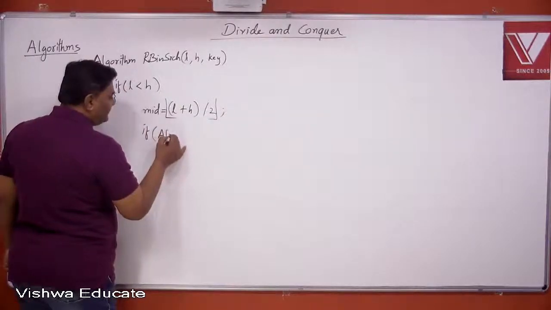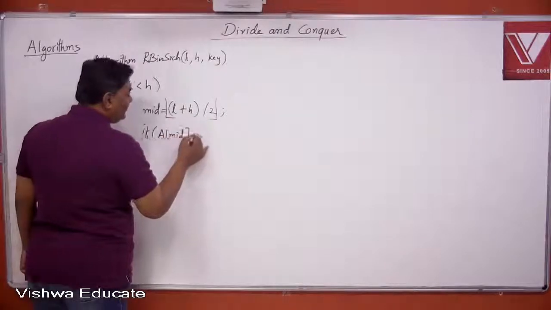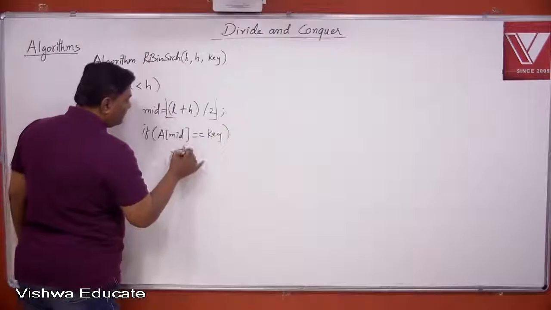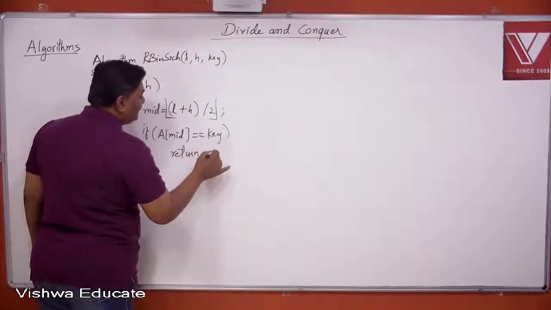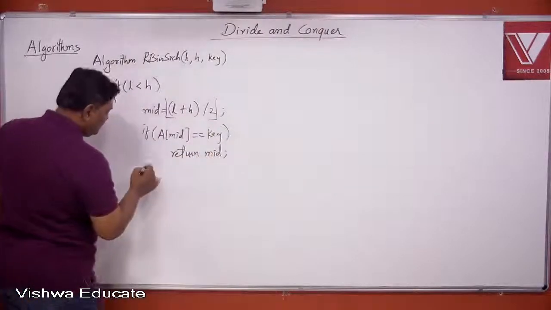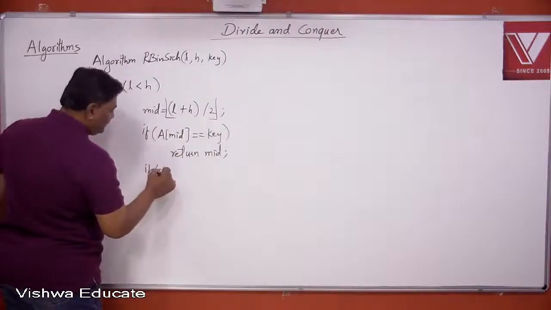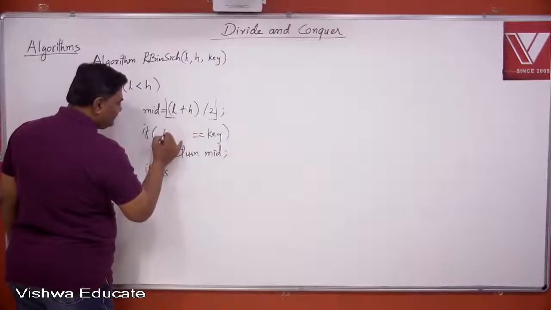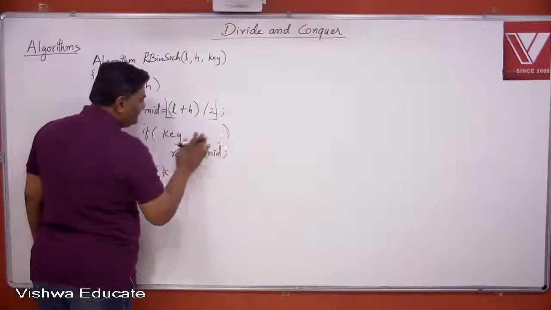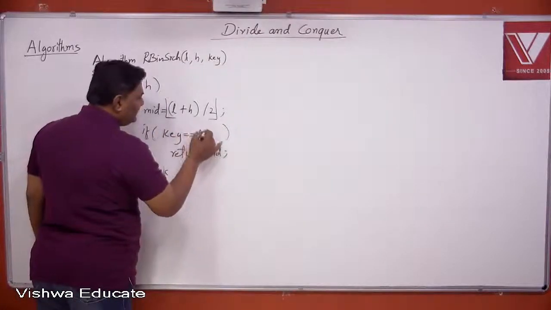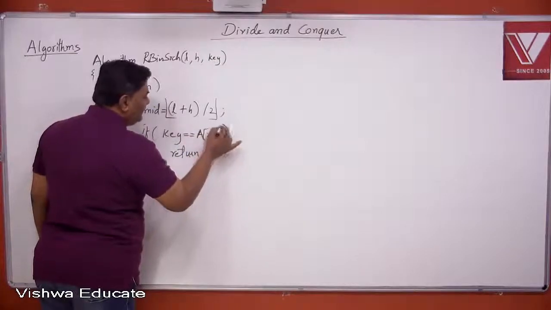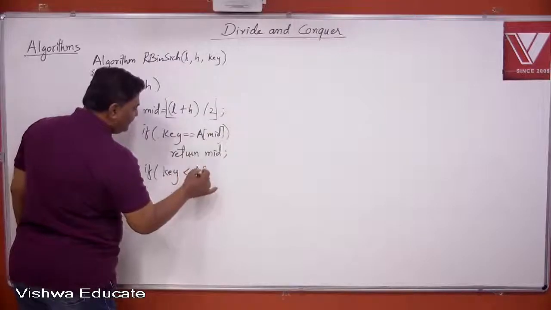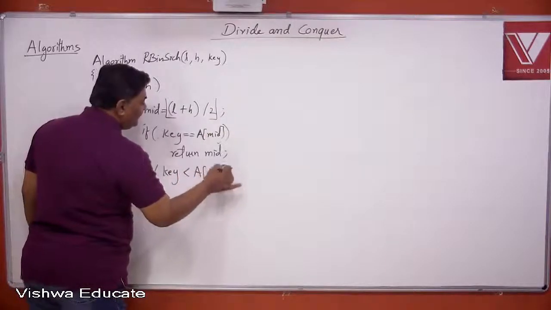If A of mid is equal to key, then return mid. If key is, I should have written key first, that's easy for reading, A of mid. So every time I'll write key. Key less than A of mid means key is on the left hand side.